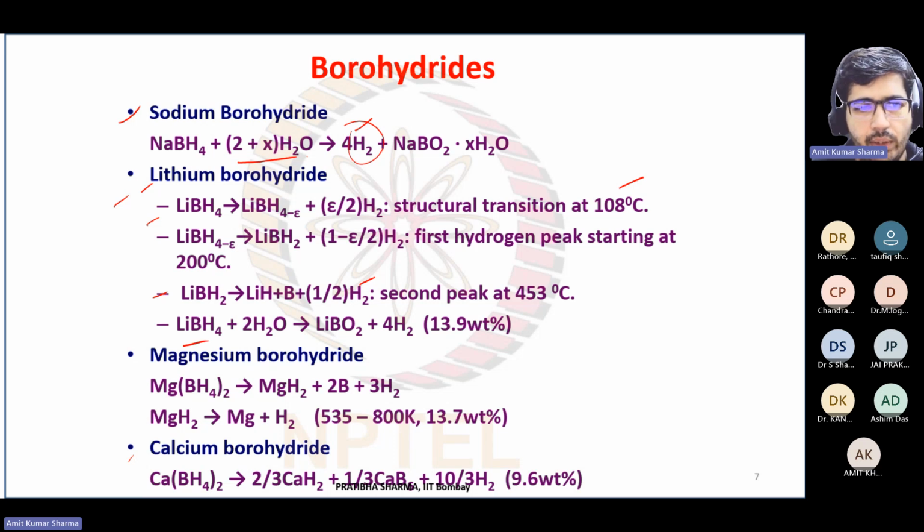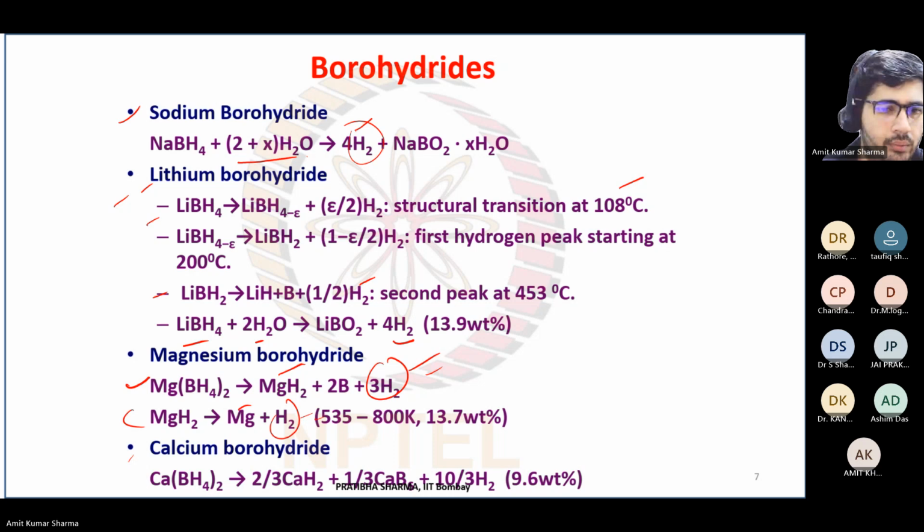Then it also reacts with H2O and liberates hydrogen. Similarly, magnesium borohydride: initially it was Mg(BH4)2, then first it changed into MgH2 and released hydrogen, and further Mg released hydrogen.